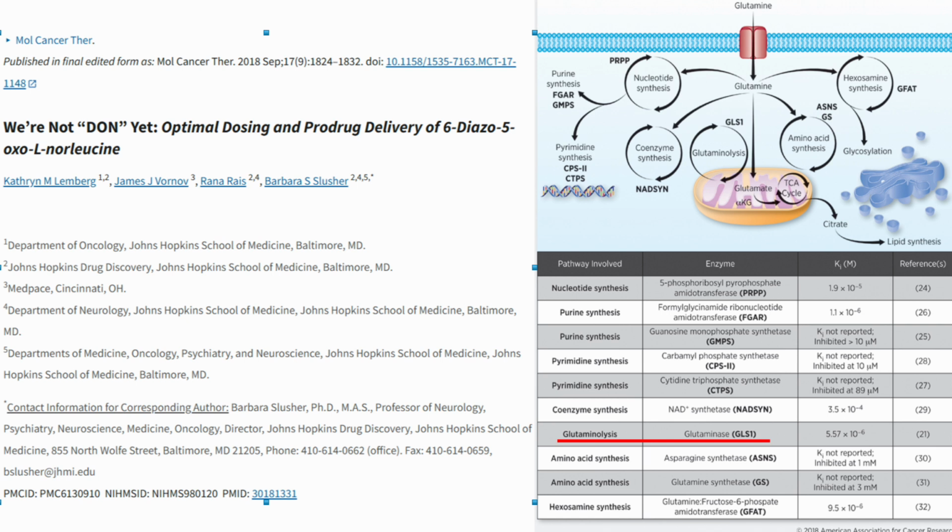Now, as you can see from this figure, DON can inhibit glutaminase, specifically isoform 1, and by doing that, it is supposedly able to deprive the tumor from utilizing externally added glutamine.